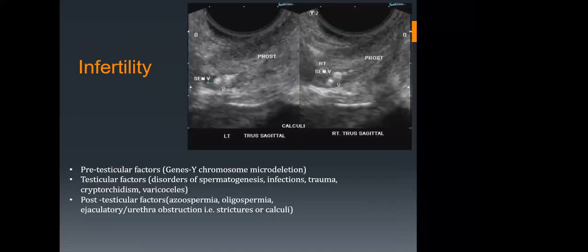Or in the ejaculatory duct, there are calcifications, and these are very common. Or in the prostatic urethra. So obstruction of the ejaculatory duct or the vas deferens, you can only get this at the level of the prostate.